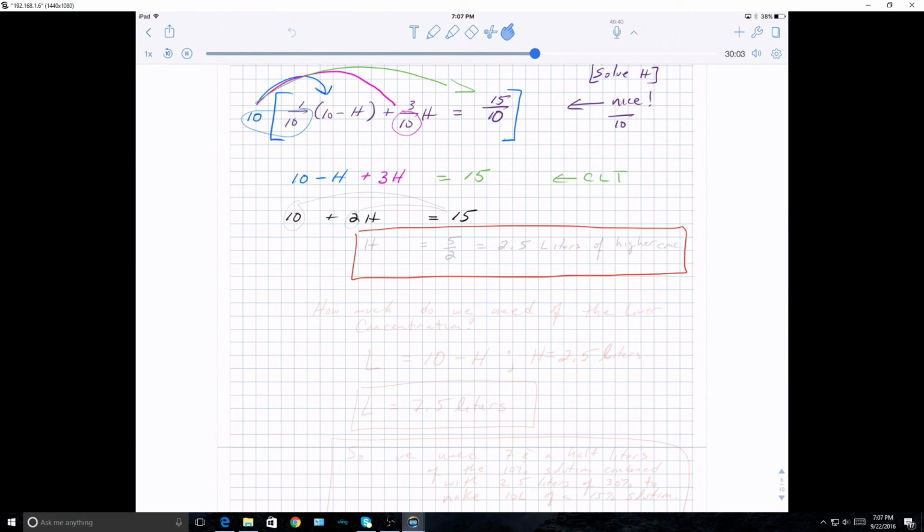Or what? H is equal to, let's see how good you are. I'll say it's 5 halves, or 2.5 liters of the higher concentration.